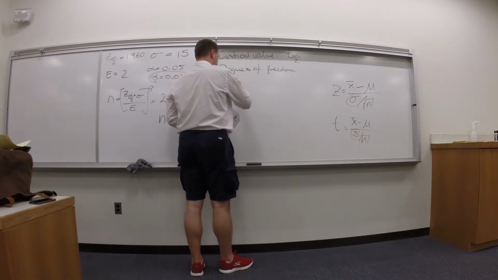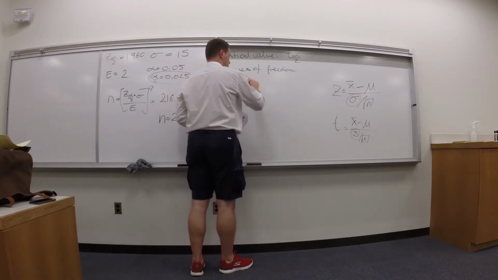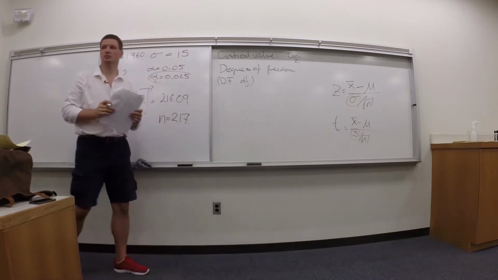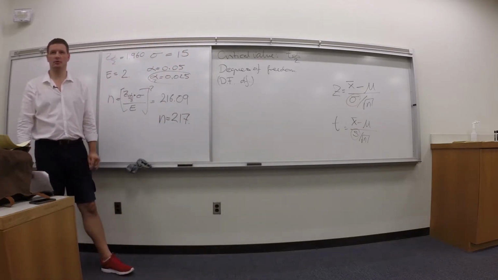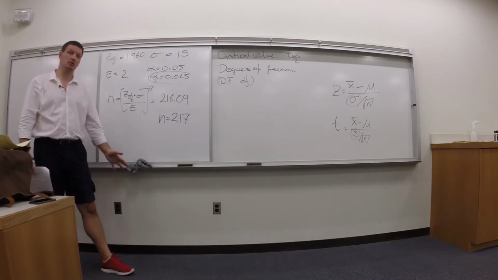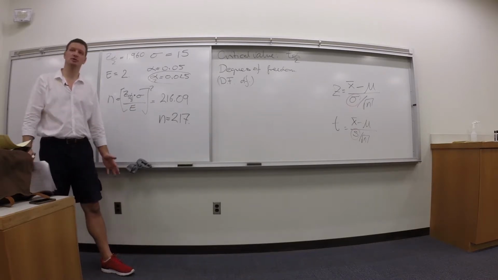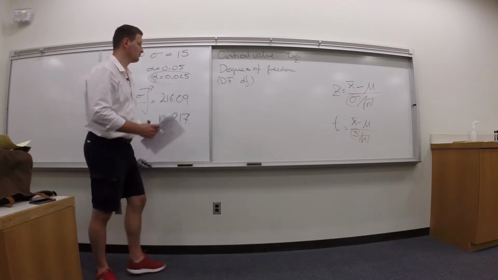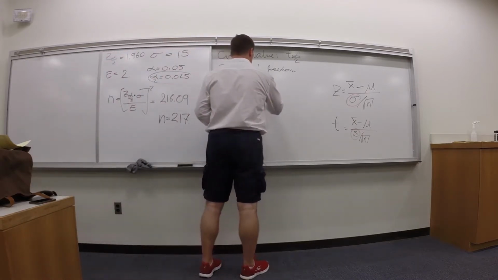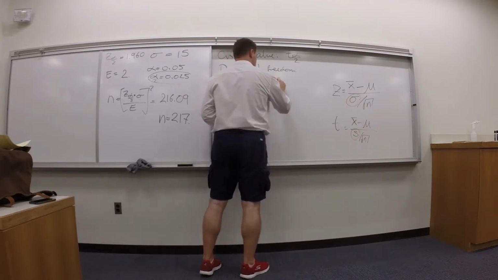The notations differ depending on which book or source you have: capital D, small f, small d, capital F. You have a whole set of those. DF is defined as n minus 1.